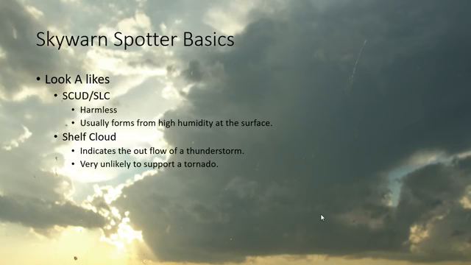It's very unlikely that they support a tornado because you need warm inflow to actually get something spun. One of the ingredients is warm inflow. If the wind is blowing out, you can't really get a tornado or any type of spinner.